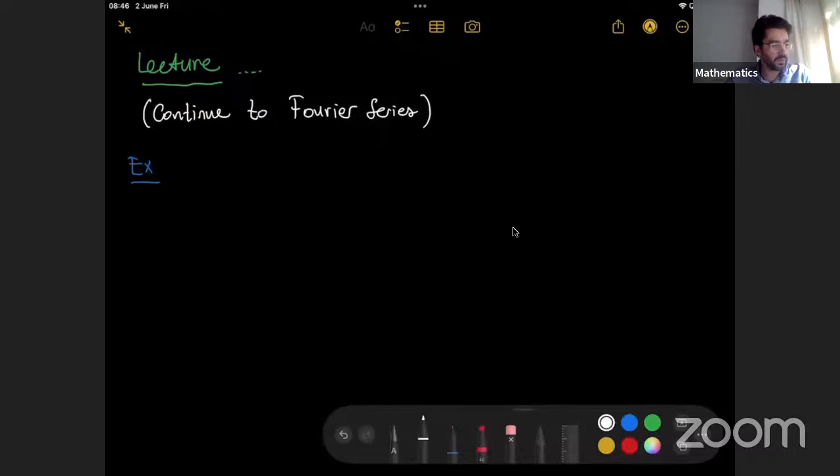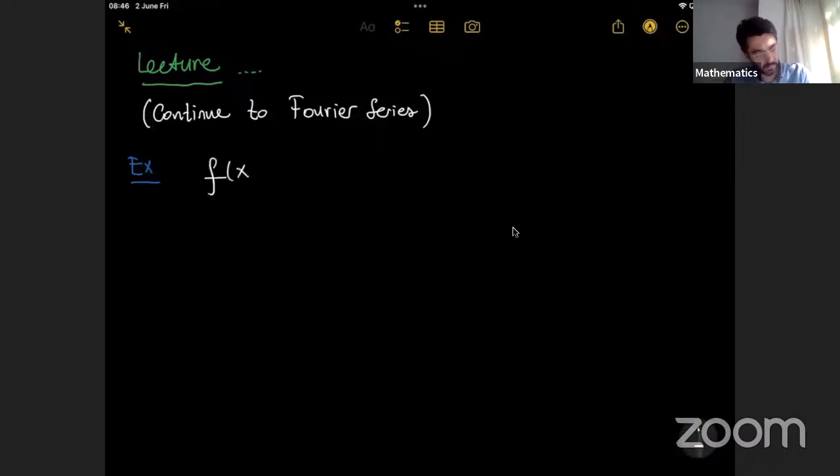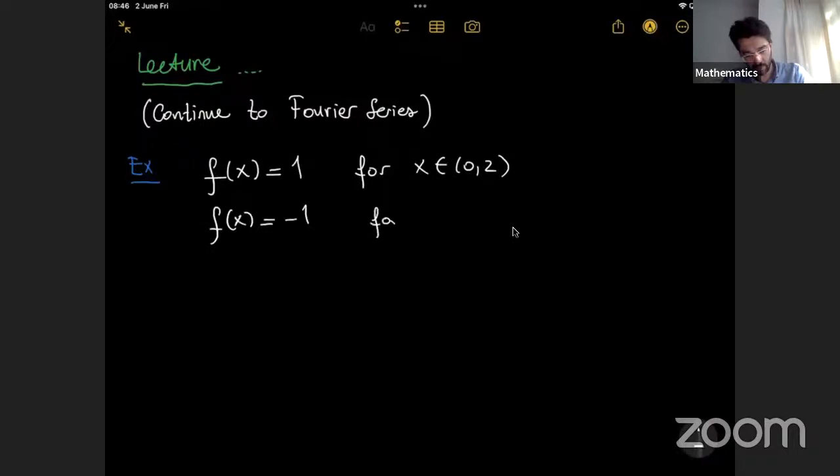So we suppose f of x is equal to 1 for x between 0 and 2, and it's minus 1 for x between minus 2 and 0.